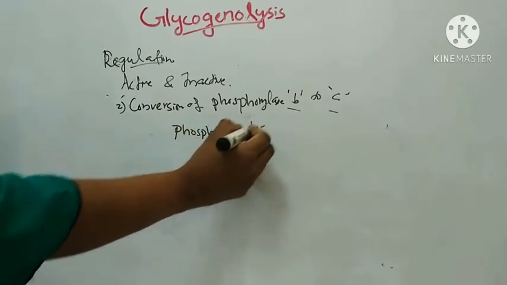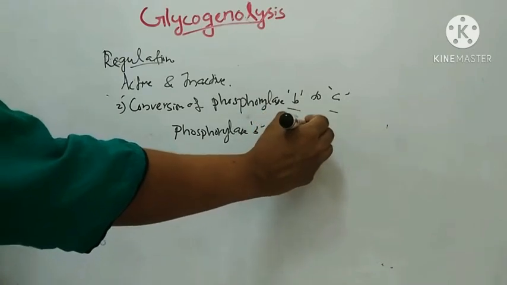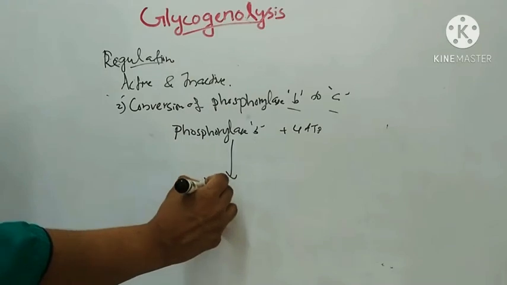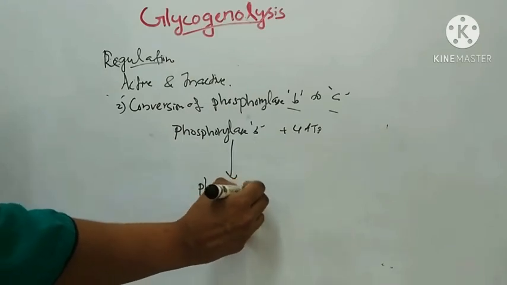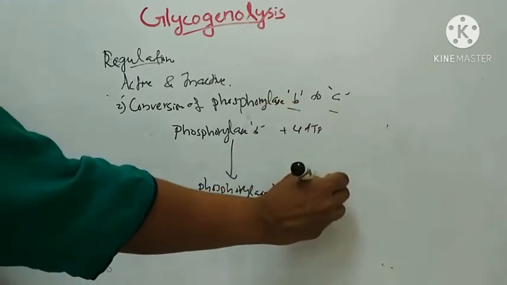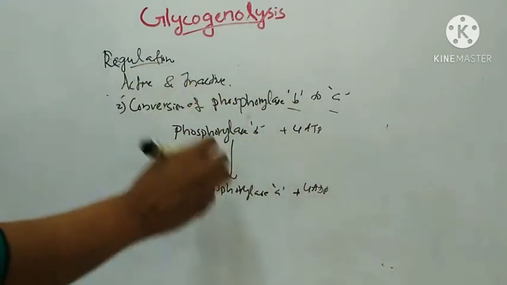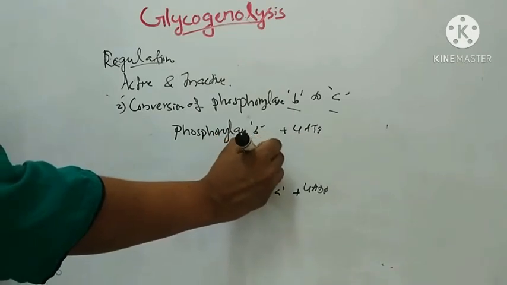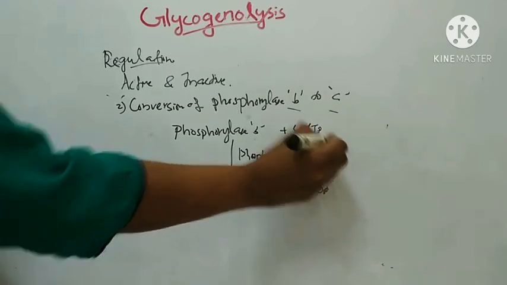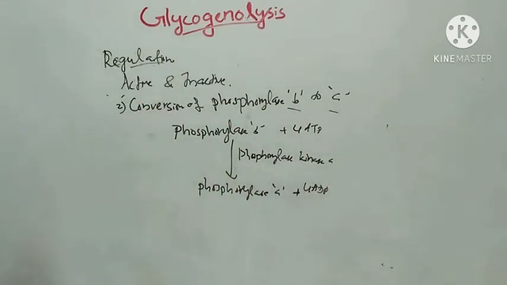Phosphorylase B, inactive, plus 4 ATP is converted to phosphorylase A, the active form, plus 4 ADP by the enzyme phosphorylase kinase A. Phosphorylase kinase A is the enzyme which converts the inactive to active form. That is the conversion of the active and inactive forms of this phosphorylase.